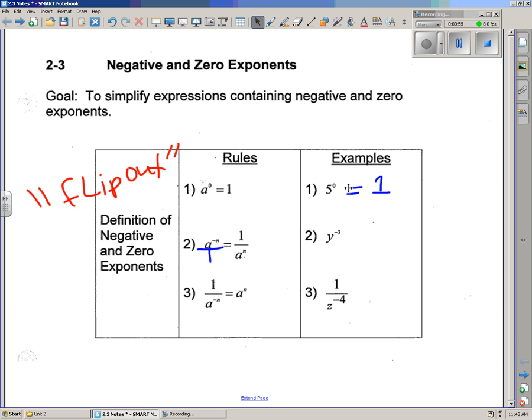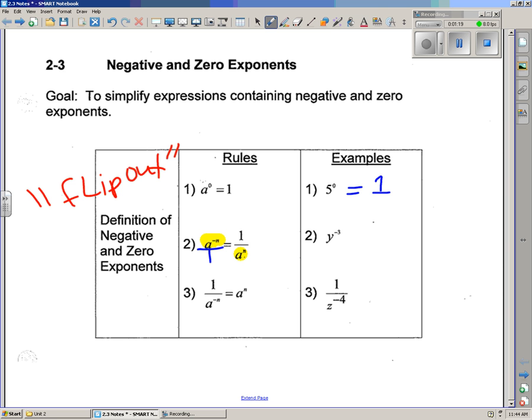So what's happening here is a to the negative n right now is in the numerator. We've got to flip a to the denominator, and once it moves to the denominator, you out the negative, or it becomes positive. If something's in the denominator and there is no numerator, it has to be a 1.